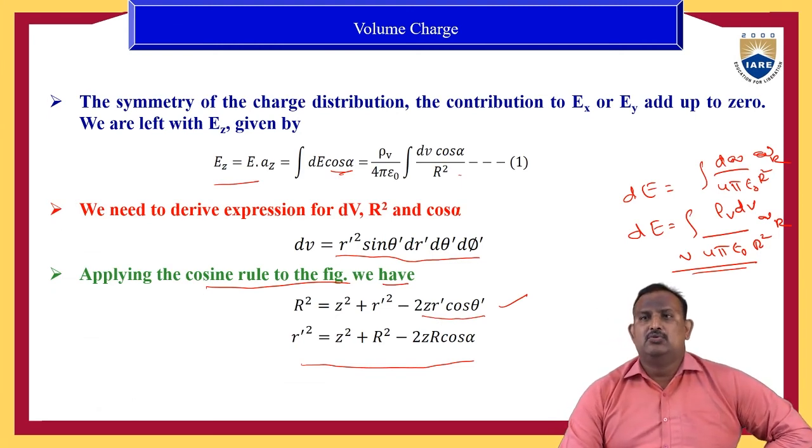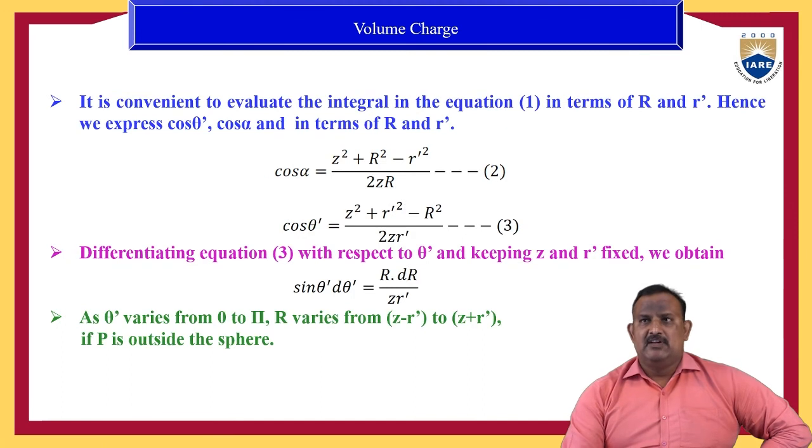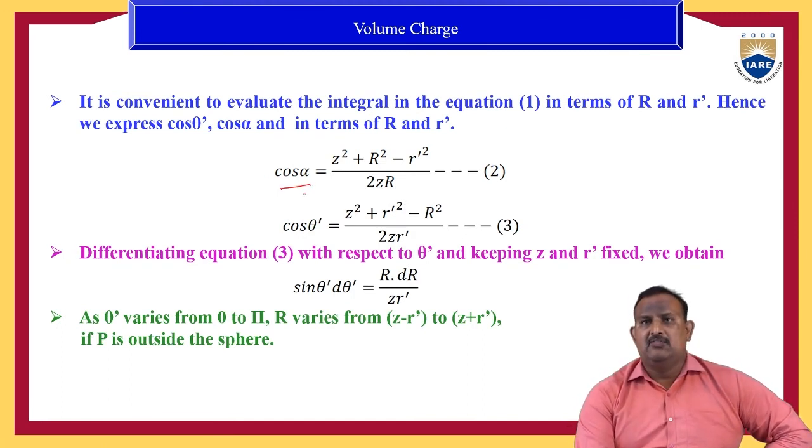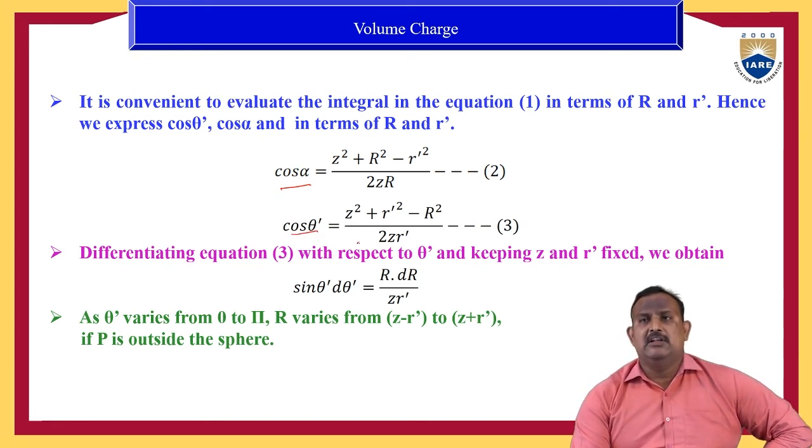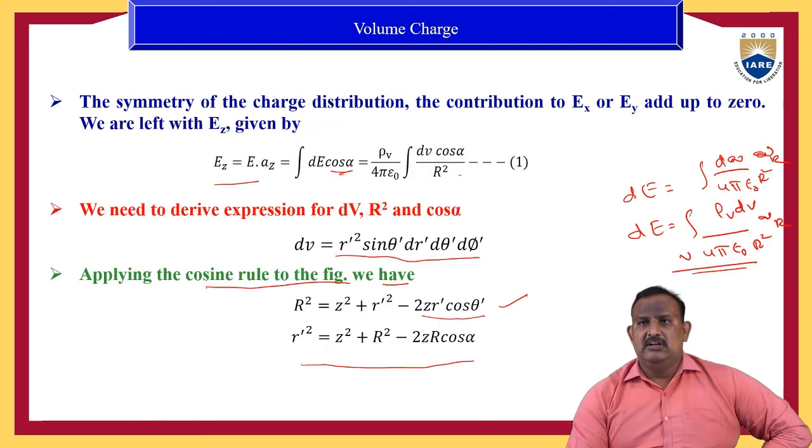So from these two equations, we can find the values of cos theta dash, cos alpha and cos theta. From this equation, 2z r cos theta dash equals z squared plus small r squared minus capital R squared.